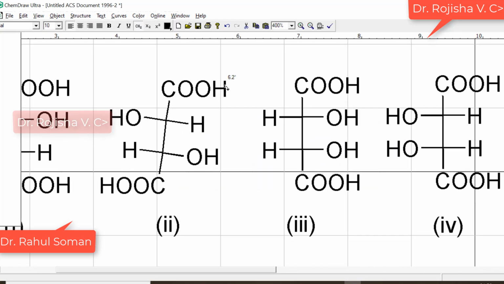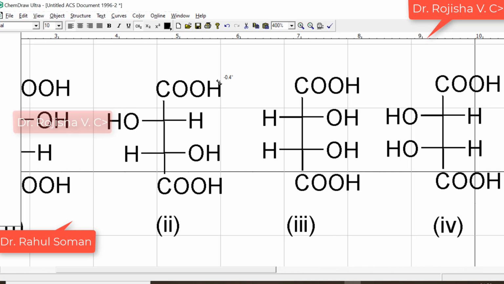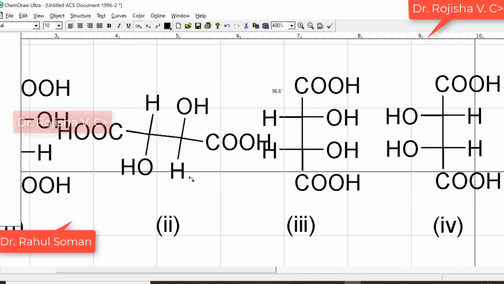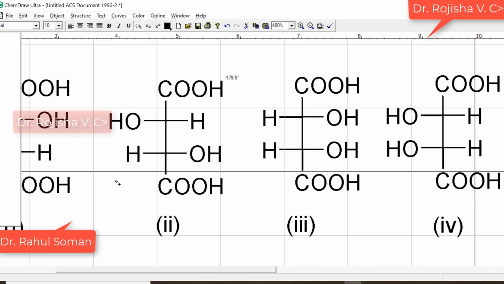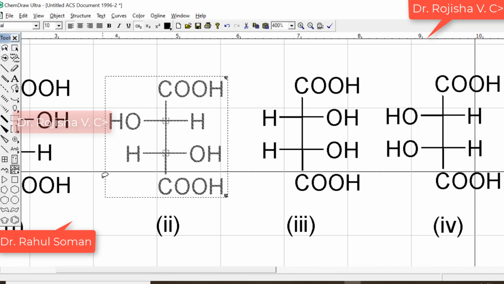If you rotate the D-tartaric acid, first we can just see, it is now at 0 degrees only. If you rotate it by 180 degrees, it will exist as D-tartaric acid only. Also, these are mirror images to each other.